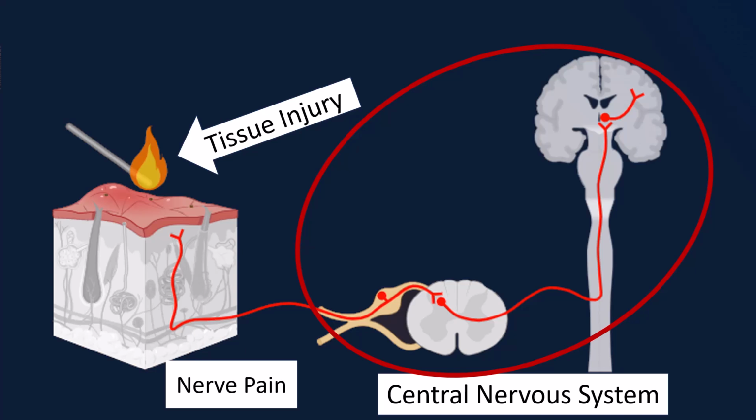Essentially, the central nervous system loses its ability to filter out or dampen the incoming pain signals. And as a result, the experience of pain is magnified. Sometimes this happens even after the initial injury has healed. The injury has healed, but the pain continues at a magnified intensity due to the dysfunction of the central nervous system.